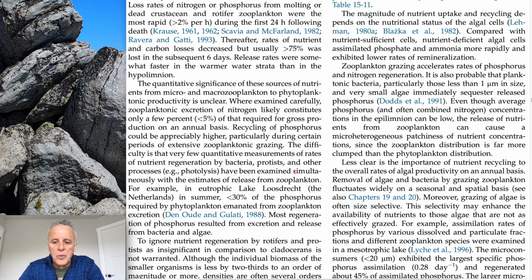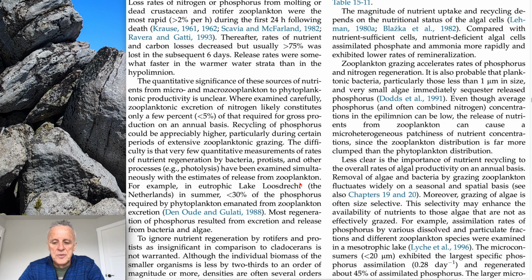It is also probable that planktonic bacteria, particularly those less than 1 micrometer in size, and very small algae immediately sequester released phosphorus. Even though average phosphorus and often combined nitrogen concentration in the epilimnion can be low, the release of nutrients from zooplankton can cause a macro-heterogeneous patchiness of nutrient concentrations, since the zooplankton distribution is far more clumped than the phytoplankton distribution.